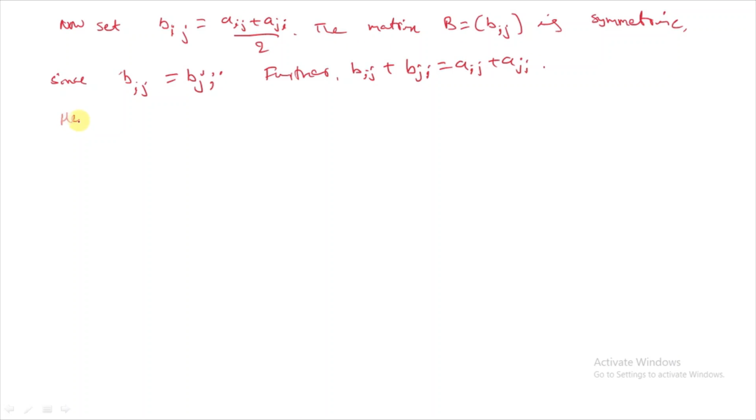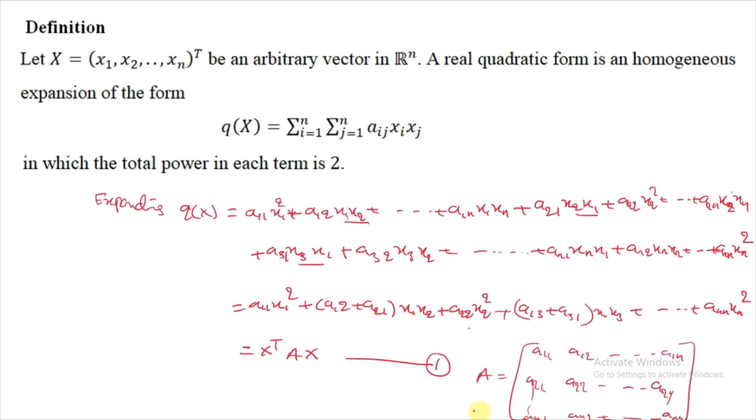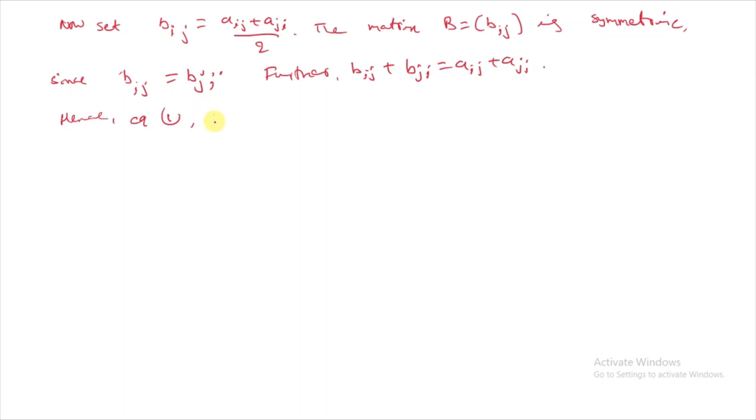Hence equation one, x transpose A x, can be written as Q of x equal to x transpose B x, where B is a symmetric matrix.